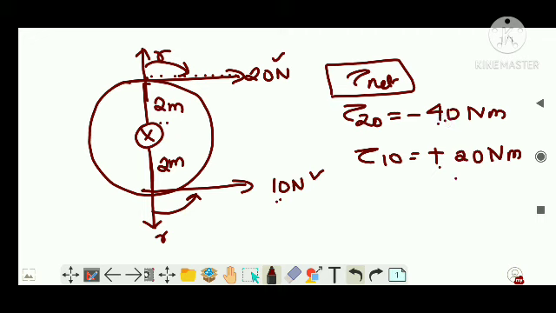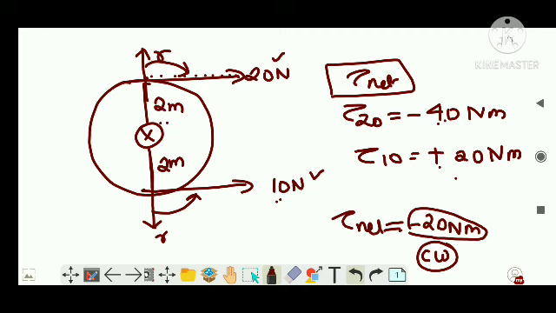It is minus 40 plus 20, which is minus 20 Newton meter. So net torque is minus 20 Newton meter. And minus indicates the net torque will be causing a clockwise rotatory motion, and negative means the torque is into the plane.